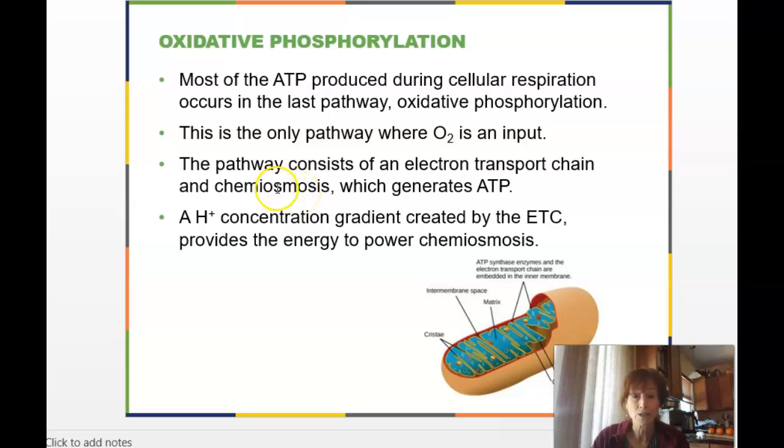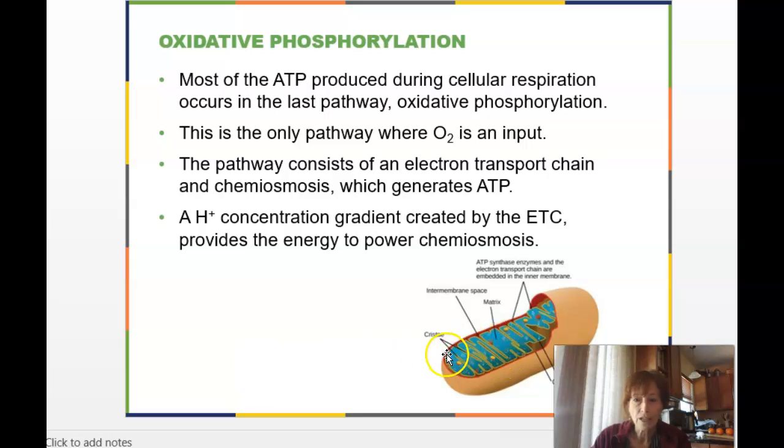We know that osmosis is this movement of water, usually down a concentration gradient. But now we're going to look at something called chemiosmosis. So it's not going to have to do so much with water, although water is involved at the end, but we'll see how this works. And then this hydrogen ion concentration gradient that you're going to see here coming up.